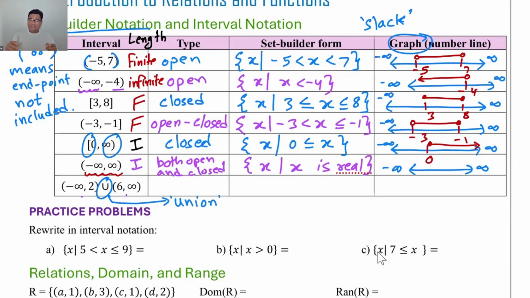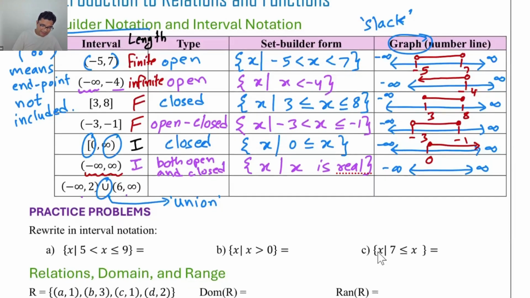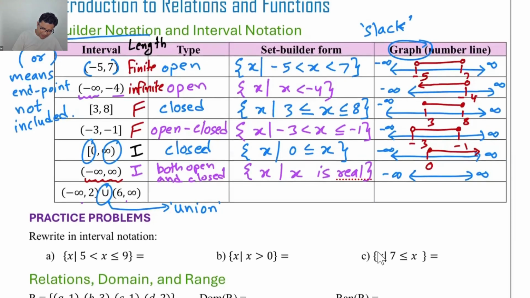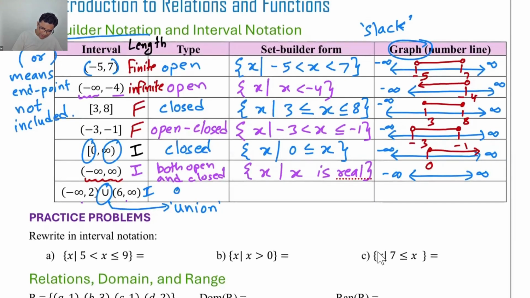Now this is not one interval. This is a subset of real numbers, which is a union of two intervals. If you look at both intervals, the left side interval and the right side interval, both are open intervals. So as a set, not as an interval now, the length is infinite, and as a set, it is an open set.